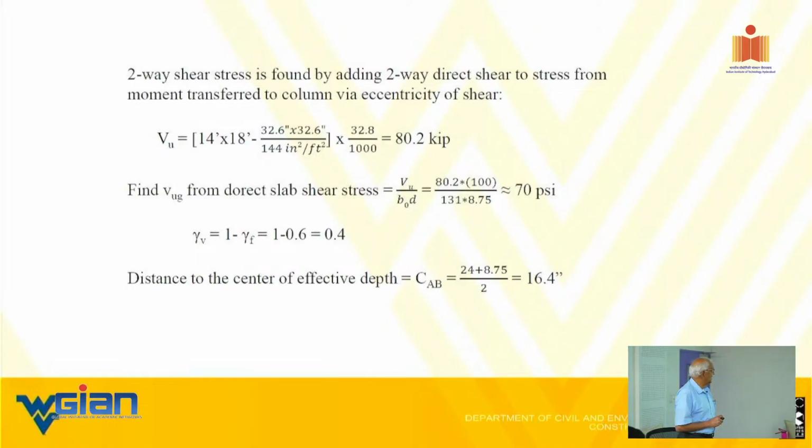And we find that the slab shear stress is V over BD. The B is that opening, 4 times C1 plus D or C2 plus D. That is that 131. That is the effective depth. That's about 70.